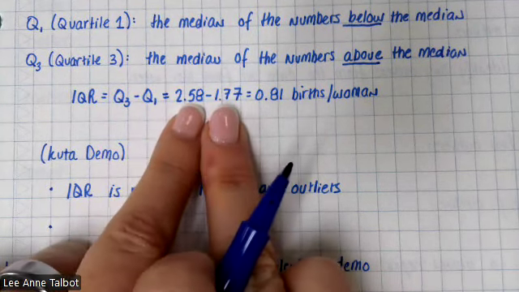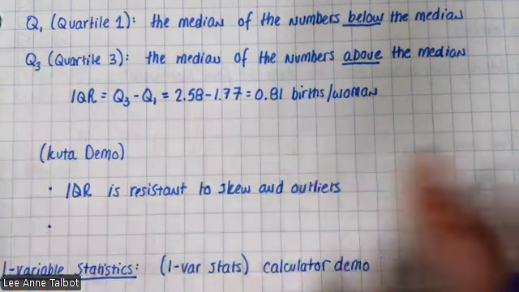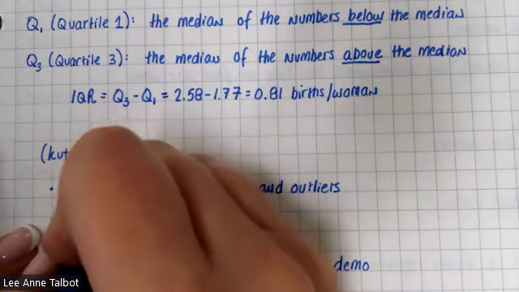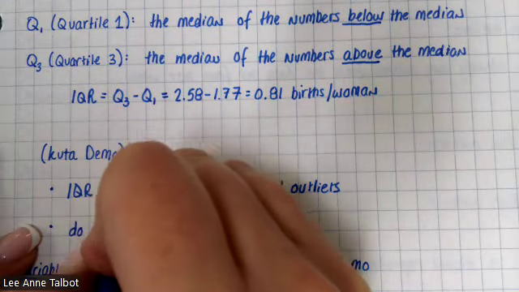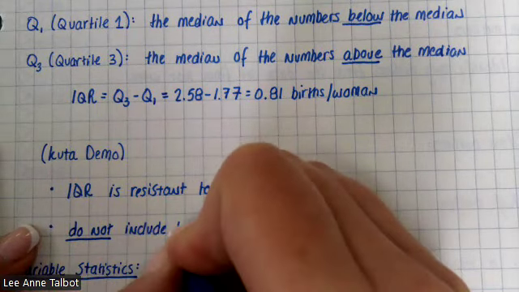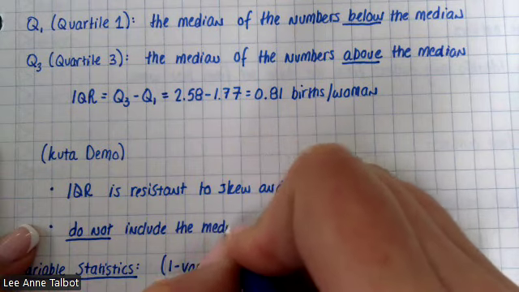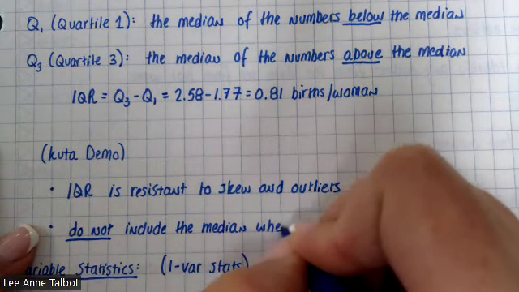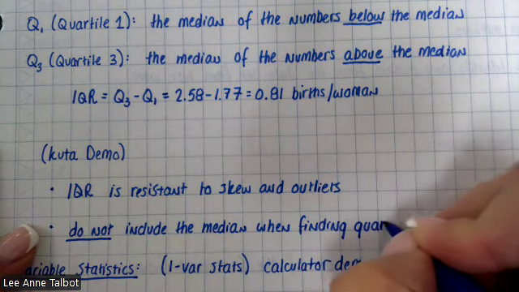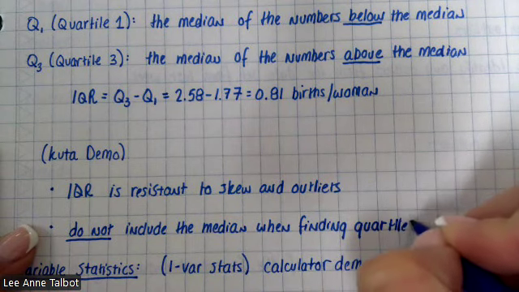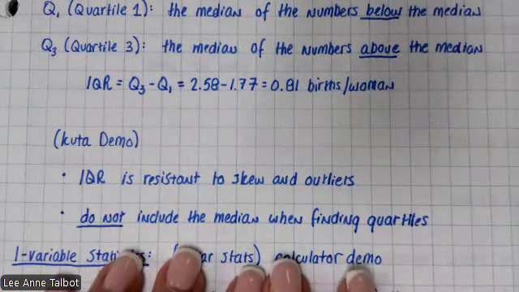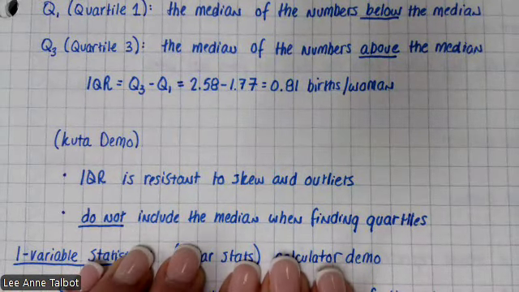I only used values that were inside of the data set. And very important, I know I said this a bunch of times, but do not include the median when finding quartiles. And also do not worry about this stuff written down here because that's going to be for video 6.